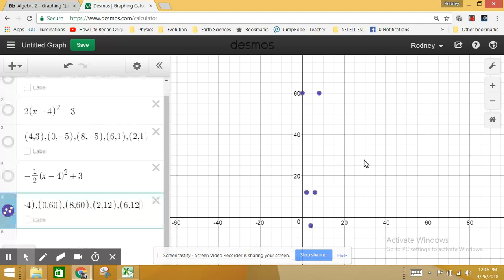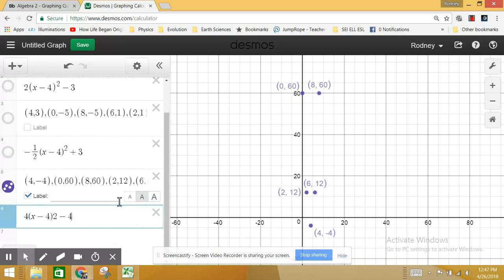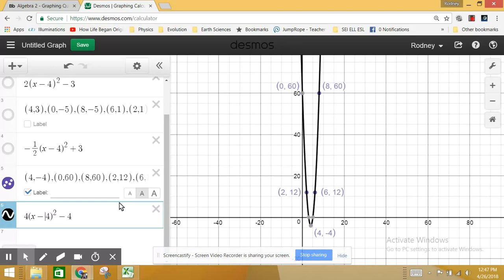I highly recommend, as you're doing this by hand, that you come up with the points before plotting, because it'll help you plan what your scale is going to be for your parabola. Now we're going to go ahead and plot the parabola, which is this. So y equals that, and in fact it matches. So there we have some parabolas.